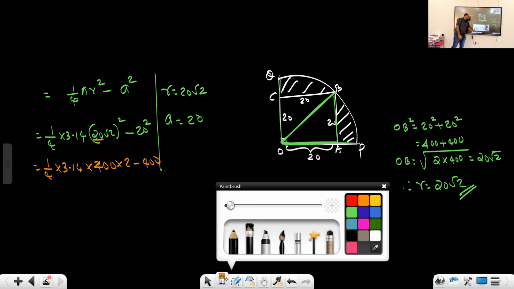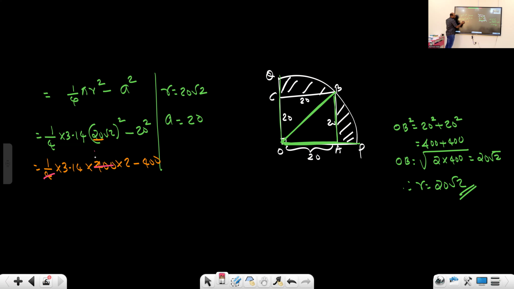What can you cancel here? 400 and this one you can cancel. How much? 100. 100 into 3.14 is 314. 314 into 2 is 628, minus 400. So your answer is 228 centimeters square.